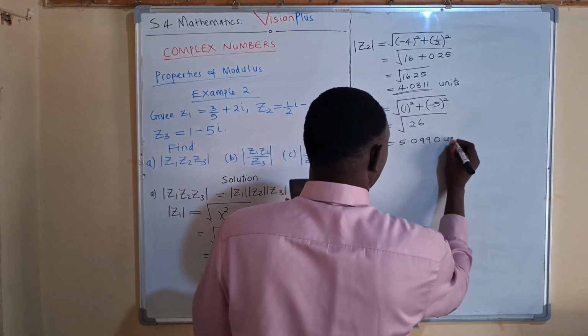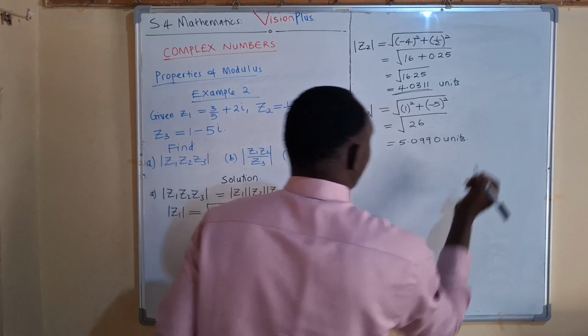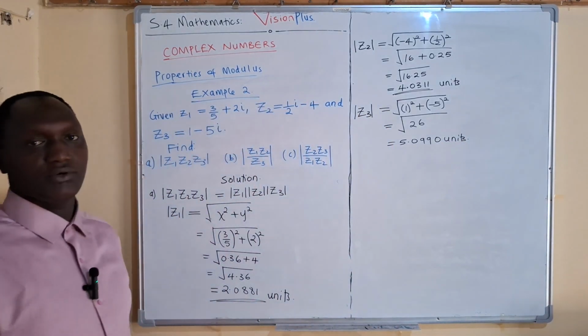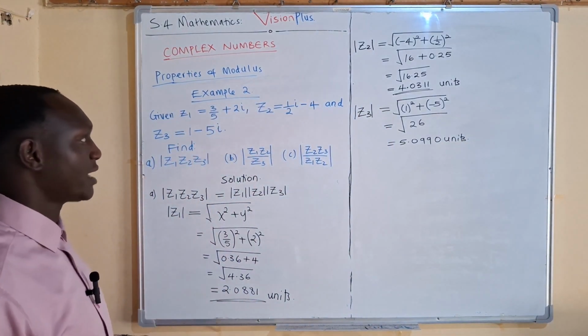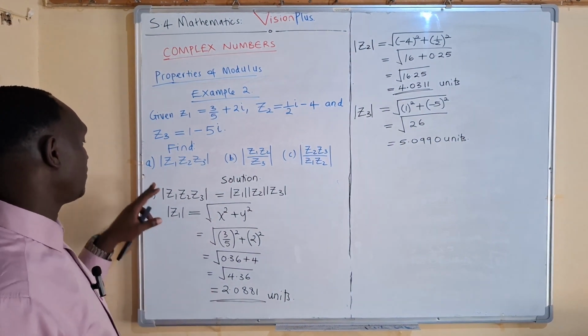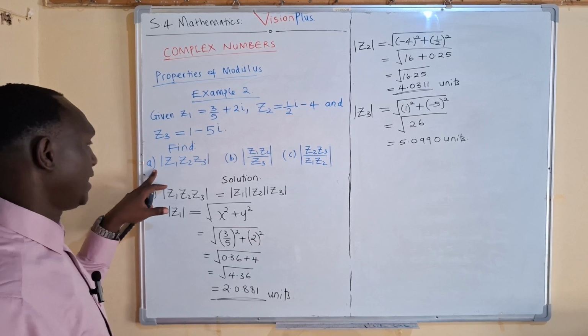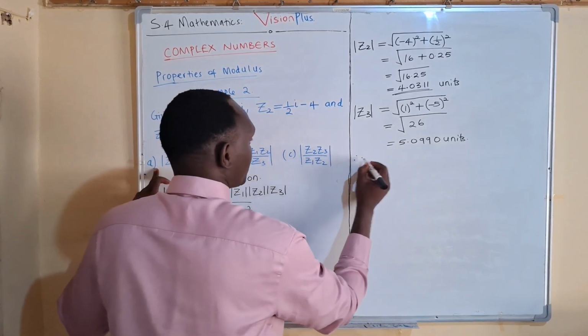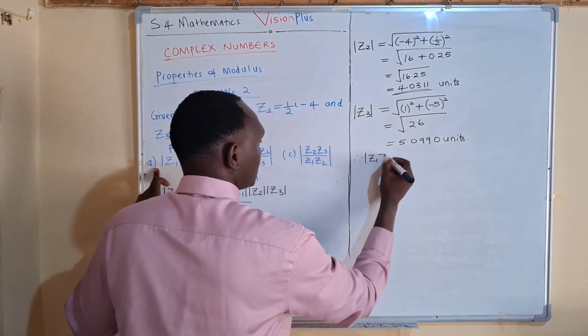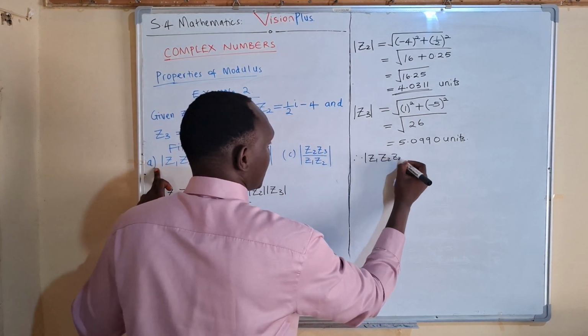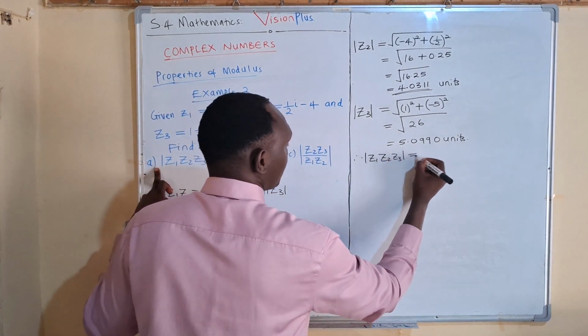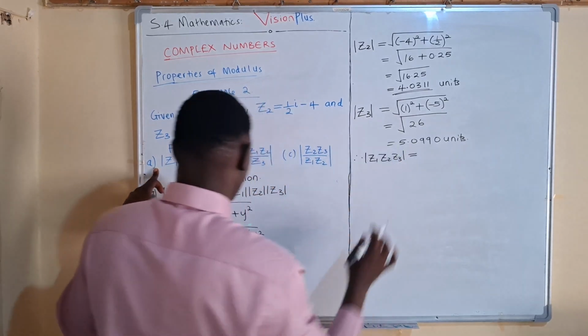5.0990 units. Now, after getting the magnitude of each of the complex numbers, your work becomes easier. Remember, we have not yet solved part A. So the magnitude of Z1, Z2, Z3 simply becomes the product of their magnitudes.